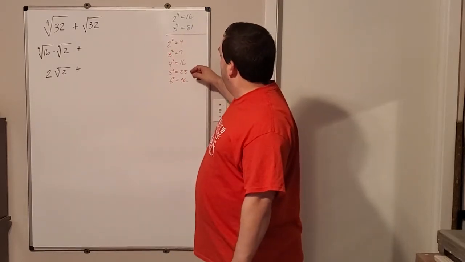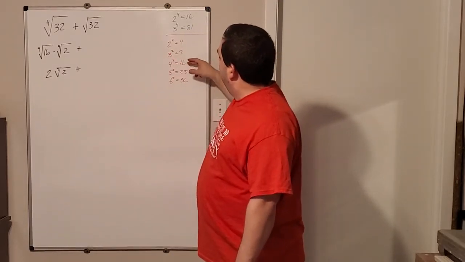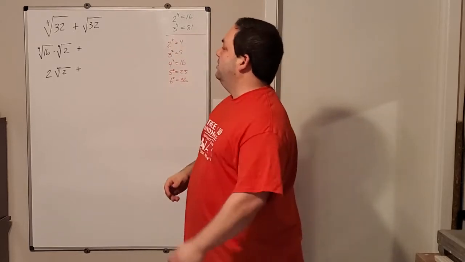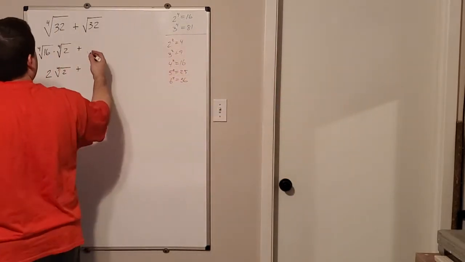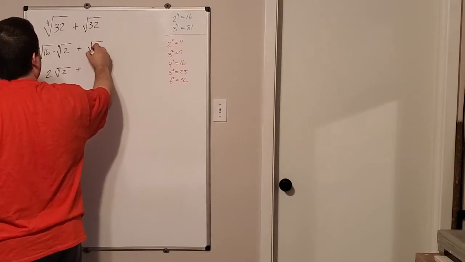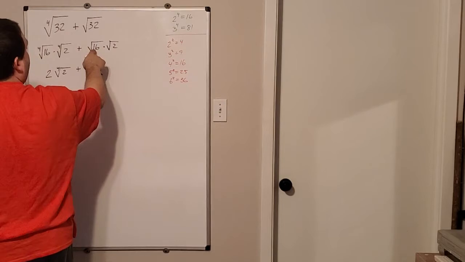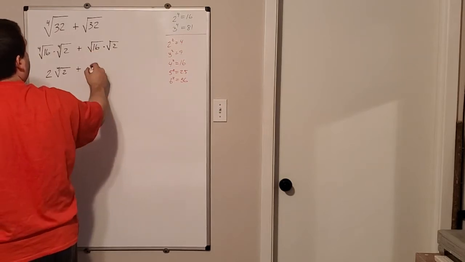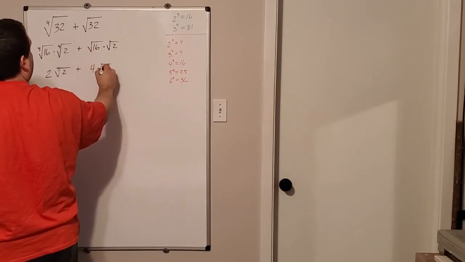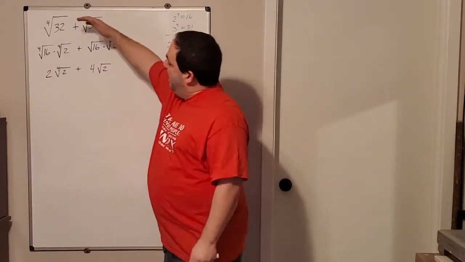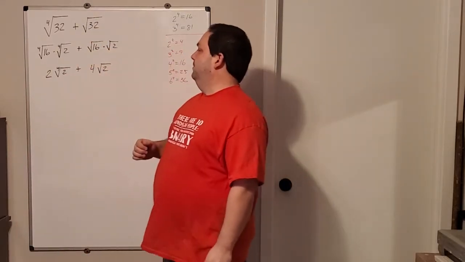I'll notice there's that 16 again, just by coincidence. 16 goes into 32, we know that. So I'll be doing the square root of 16 times the square root of 2, because it's square root here, not fourth. And then the square root of 16 is 4, and I'm left with the square root of 2 there.